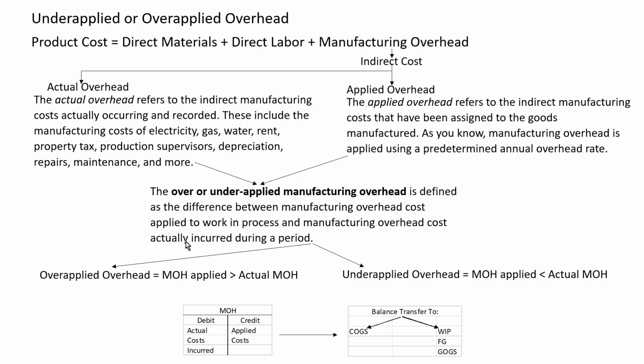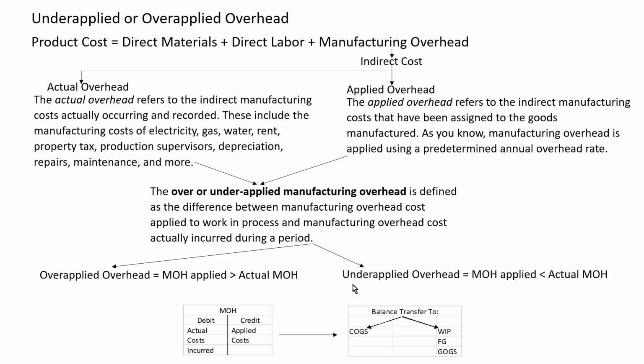If the manufacturing overhead cost applied to work in process is more than the manufacturing overhead cost actually incurred during the period, the difference is known as overapplied manufacturing overhead. On the other hand, if the manufacturing overhead cost applied to work in process is less than the manufacturing overhead cost actually incurred during the period, the difference is known as underapplied manufacturing overhead.